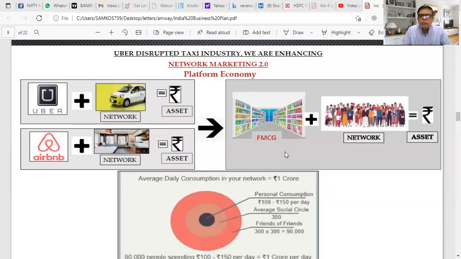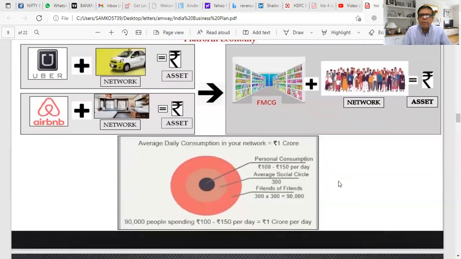Now, just to give you a simple example, if you personally are using a store, right now you may be spending 100 to 150 rupees a day, which is a very nominal amount. Now, any person has a circle of around 300 people who do the same thing. They go to the store and buy. And these 300 persons also have their own circle.